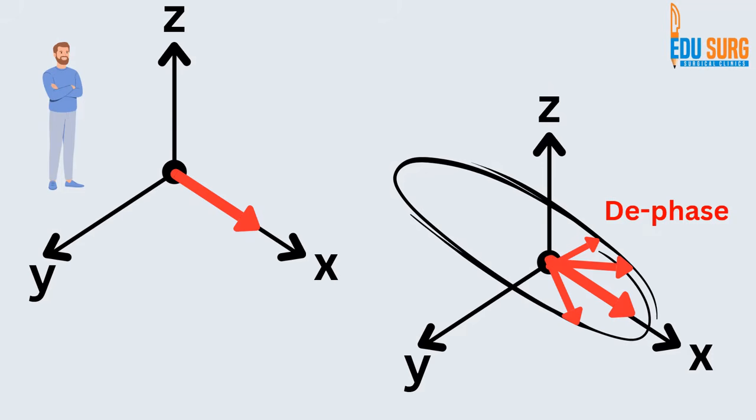Similarly, when the RF pulse stops, initially the net magnetization vector gets dephased because the protons start losing the energy at different rates, even in the XY plane. And this is known as dephasing of the ionic hydrogen.